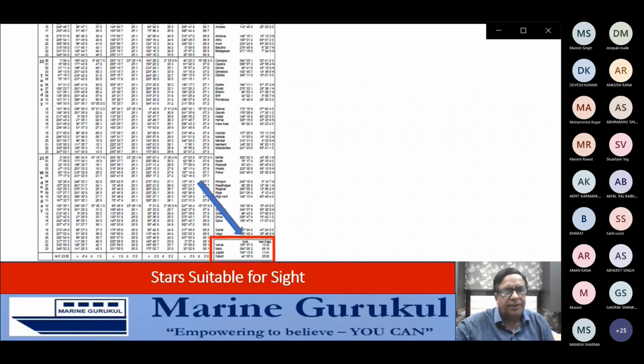Now, on the left page of the Nautical Almanac, in the right bottom corner, we have the SHAs of the planets. And it is from here that we checked the SHA, and we found that the Mars SHA was within the limits of the SHA that we were checking for.